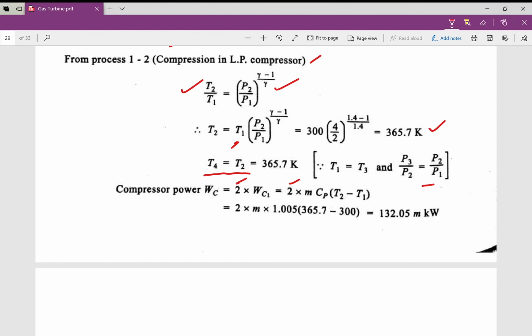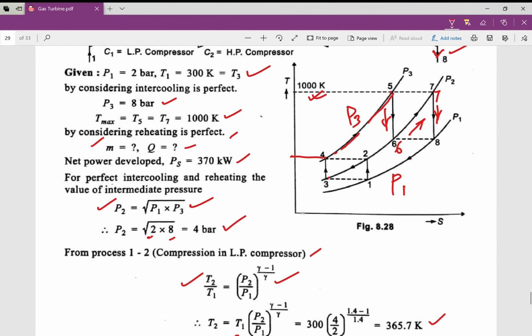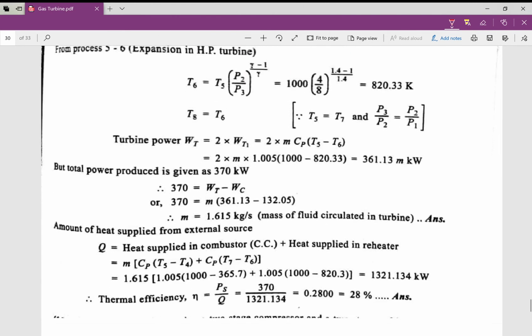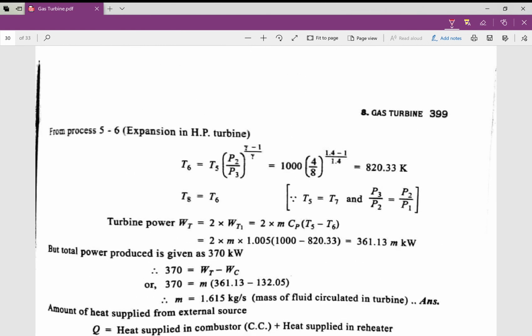So 2 into Cp (T2 minus T1). Moreover, it is clearly shown over here that this length T2 minus T1 is equal to T4 minus T3, and you can write with confidence that it should be 2 over here.